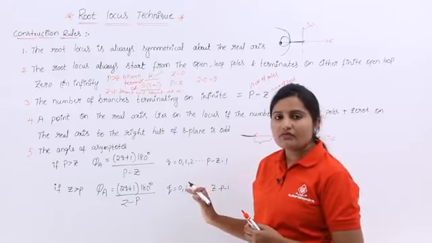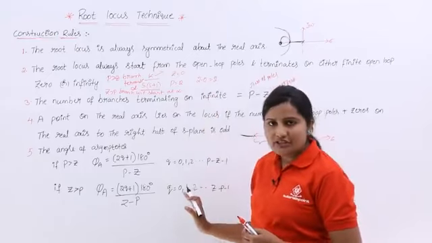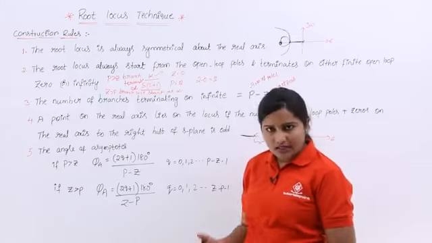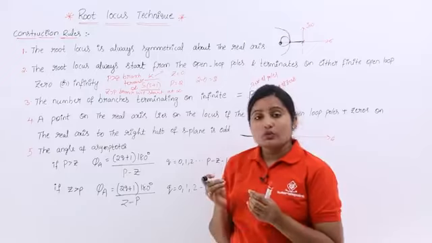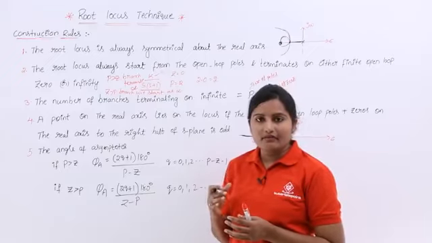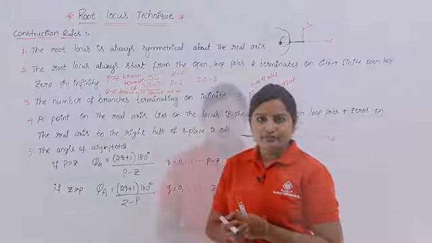These are very important conditions we need to follow when writing root locus. Some more conditions are there that we will discuss in the next slide: the centroid we need to consider, the angle of departure and angle of arrival, which we will see in the next slide in the same video.